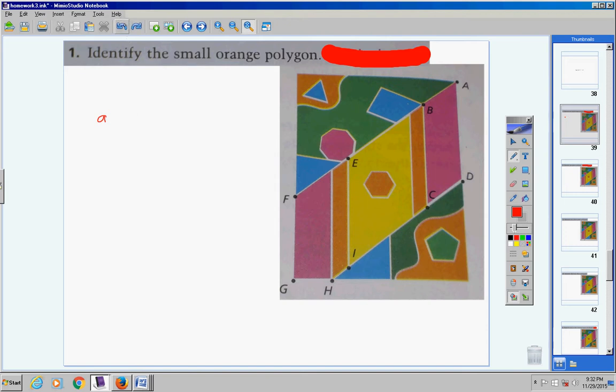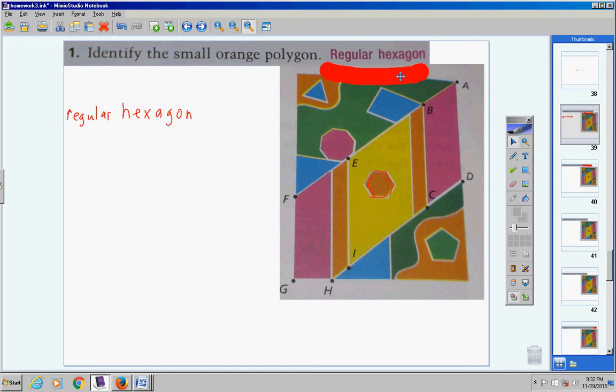So all 6 of these sides look to be the same, okay? So we have a 6-sided polygon. We call that a what? A hexagon. And all the sides are equal, so anytime a hexagon has all congruent sides, we call that a regular polygon. In this case, a regular hexagon. Okay, so number 1 is going to be a regular hexagon.